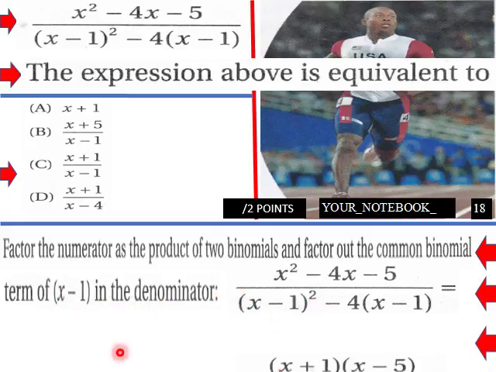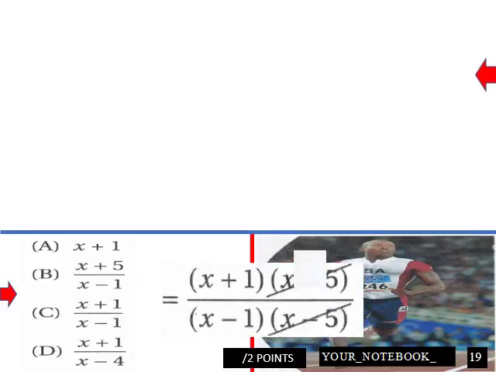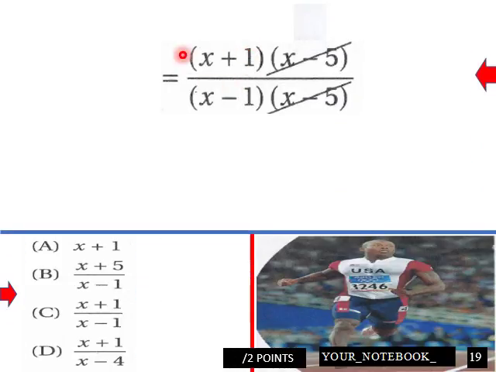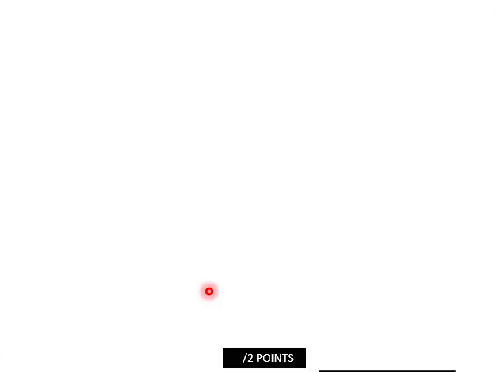So we have this original expression, and then we can factor this trinomial into these two binomials. Then continuing on our solving here, we come up with this fraction here. These two binomials factor out. They cancel out. Then we end up with x plus 1 over x minus 1.